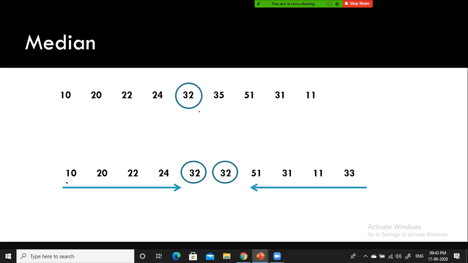In the case of median, if you have to compute it manually, you need to sort the data in ascending order: 10, 11, 20, 22, and so on. In the case of median, we sort the data in ascending order, and then we find the middle value. Median is nothing but the middle value.